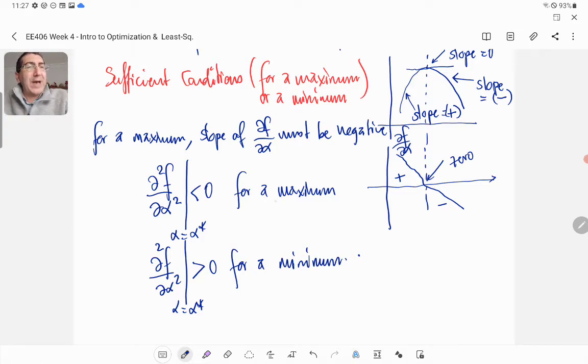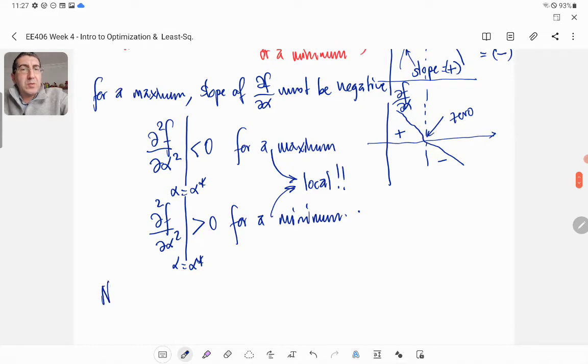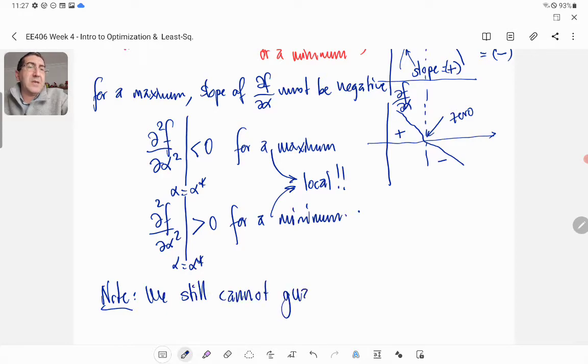Now, I have to add here the fact that these are still local. So note we still cannot guarantee a global maximum or minimum.